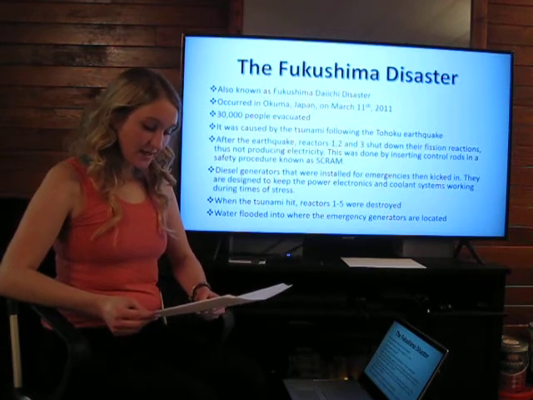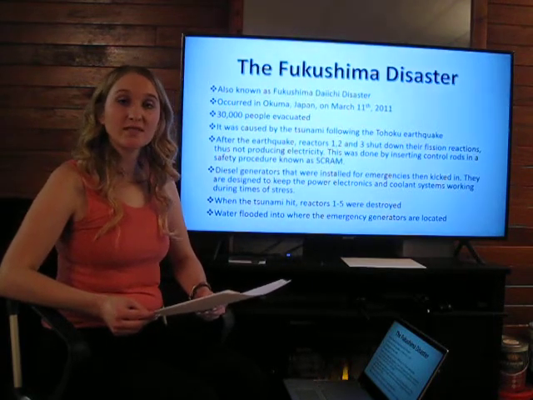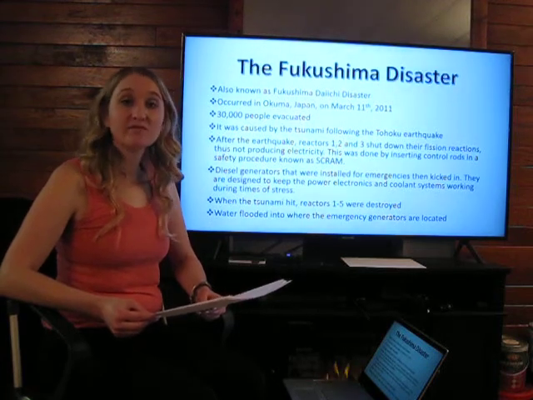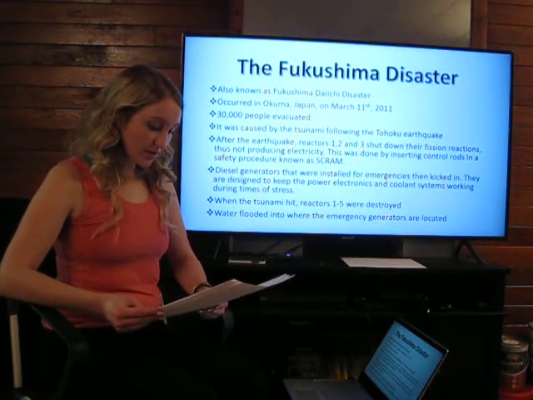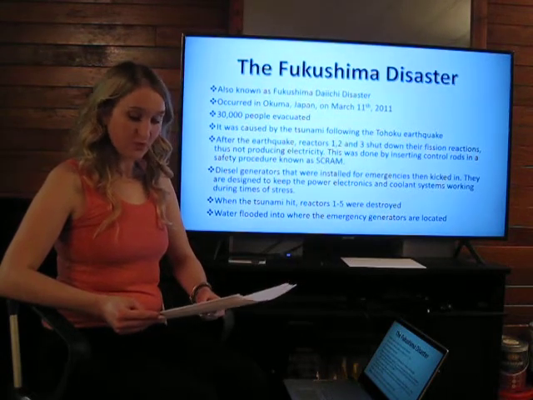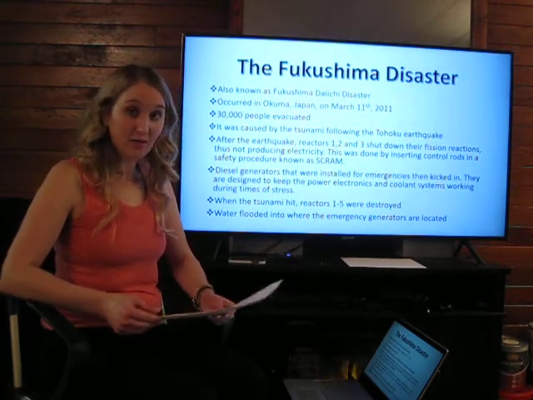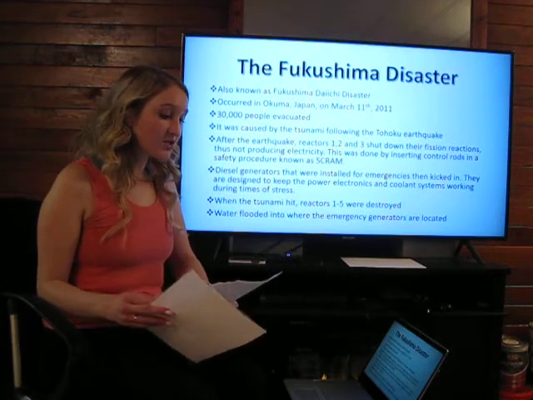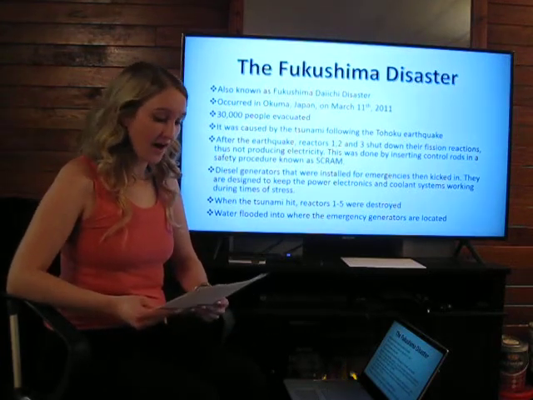These are designed to keep the power electronics and coolant systems running in times of stress. These were working normally until the tsunami destroyed reactors 1 to 5. Reactor 6 remained intact, trying to cool the neighboring reactor 5.